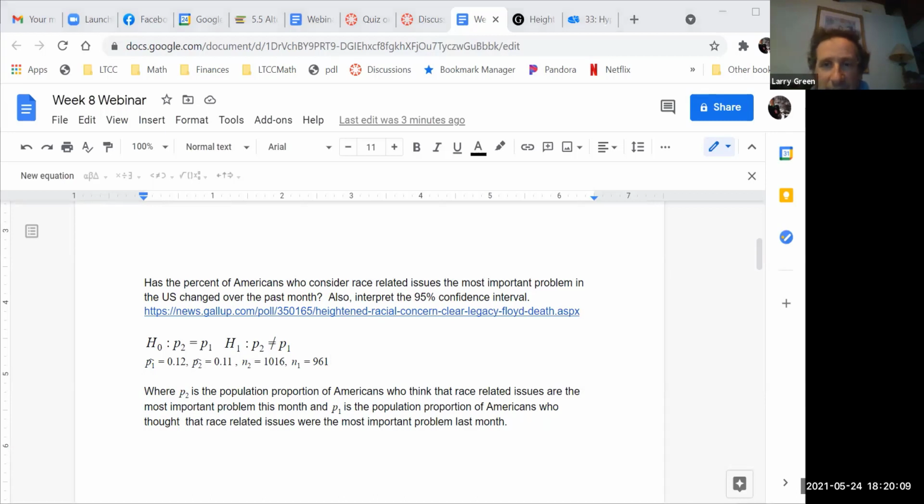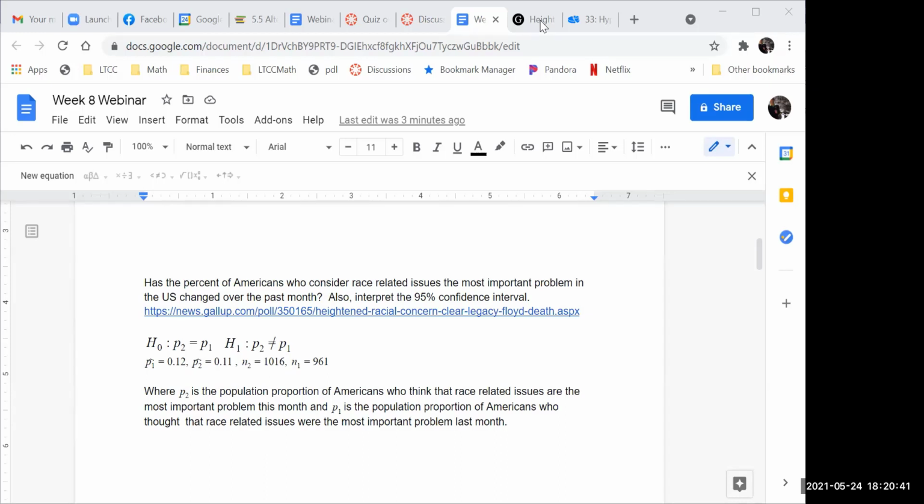So what do I have to do to find the number of successes? It's only indirectly given here. It's not directly given. Who remembers how to do that? It's the same as last week and the week before. Any thoughts?